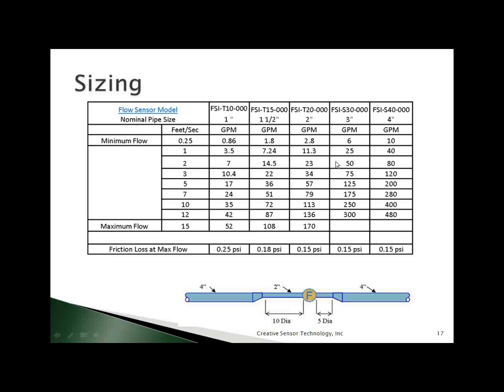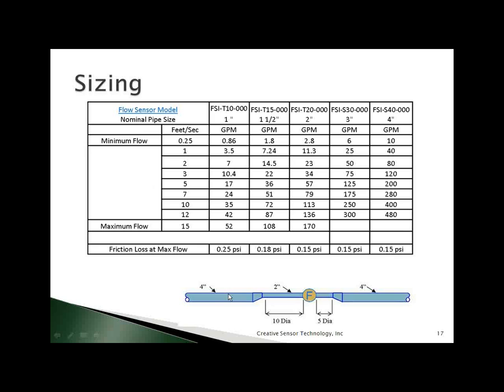And again, just touching on this briefly, when you're downsizing a flow sensor, you want to put it in what we call a meter run, which is nothing more than the same 10 and 5 diameters of straight pipe before the meter and after the meter before you change pipe sizes.